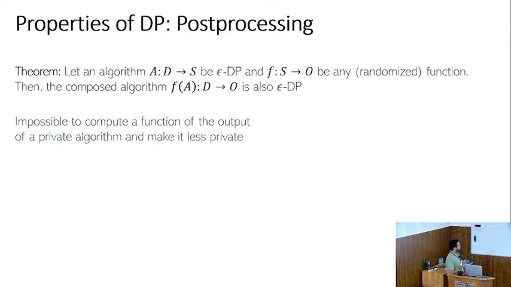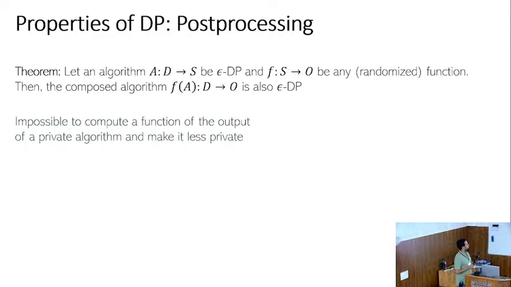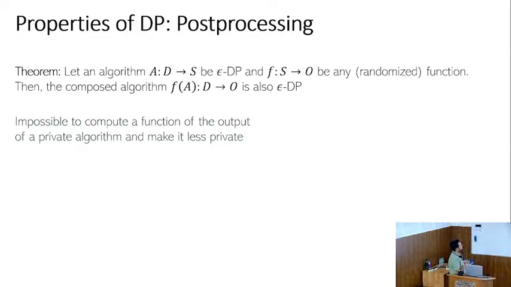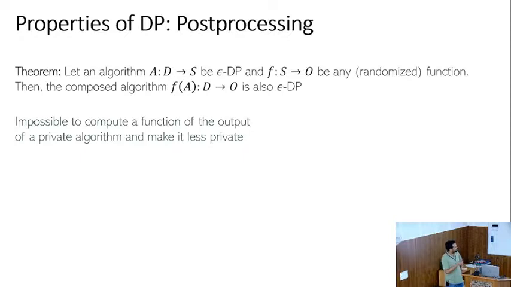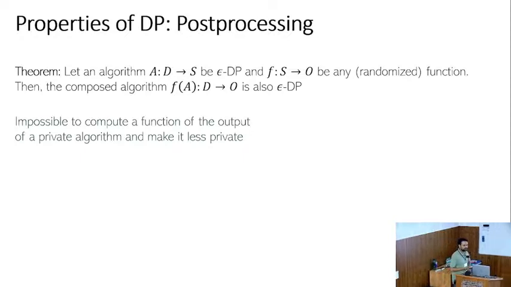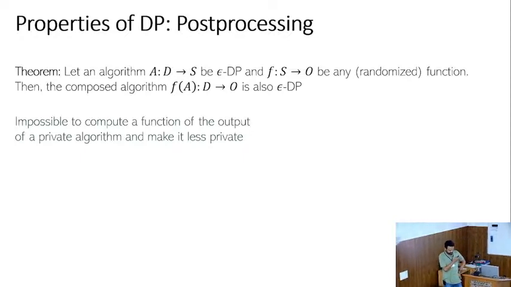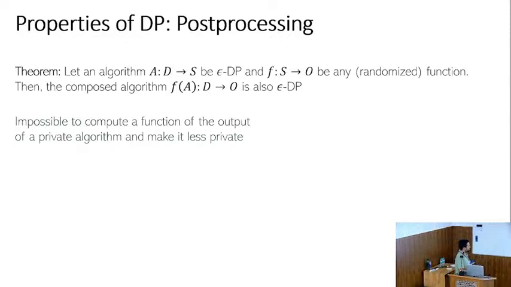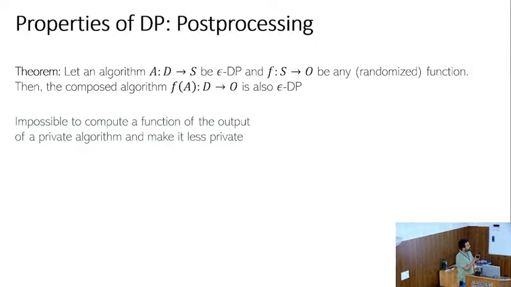So what does it mean? It is impossible to compute a function of the output of a private algorithm and make it less private. Privacy will not get lost or degraded. You cannot make a DP algorithm less private by doing this kind of post-processing.